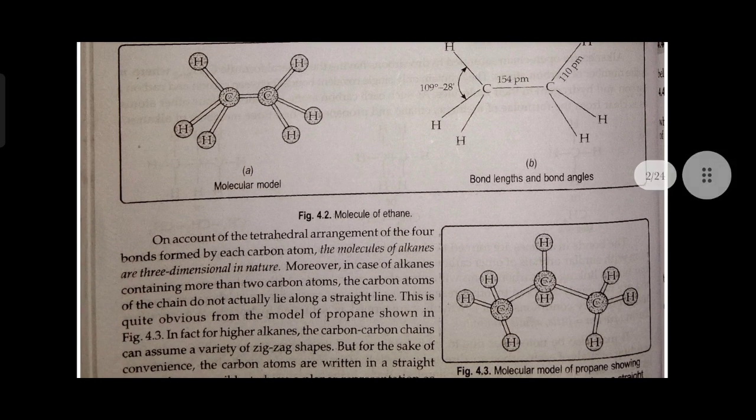On account of the tetrahedral arrangement of the four bonds formed by each carbon atom, the molecules of alkanes are three dimensional in nature. Again, the molecules of alkanes are three dimensional in nature.